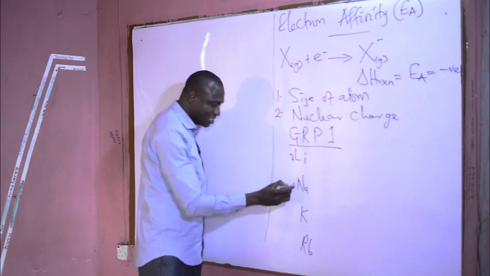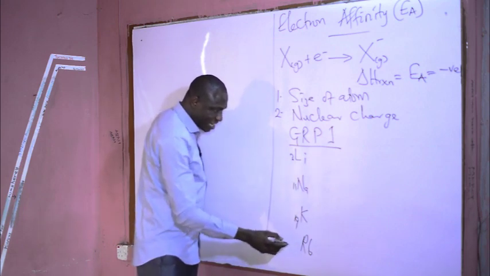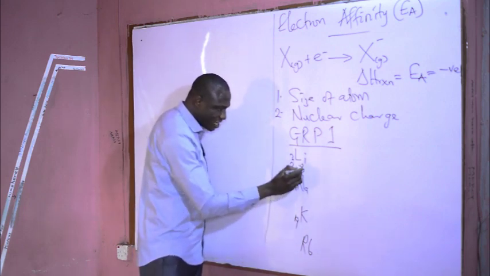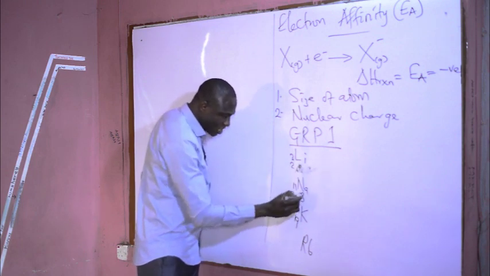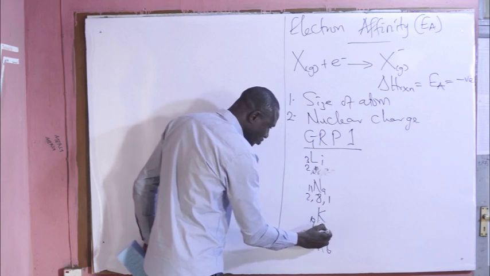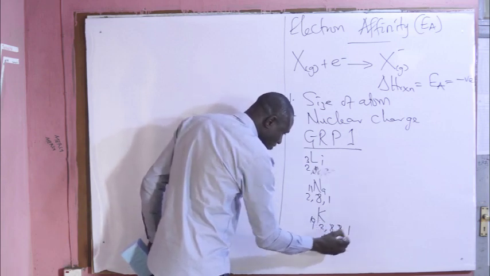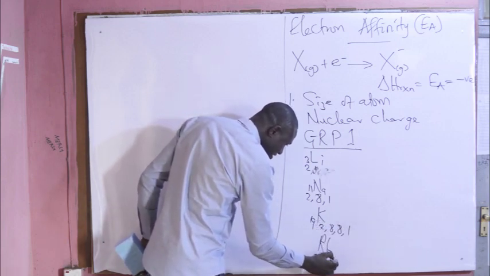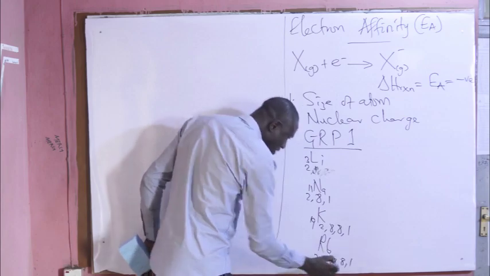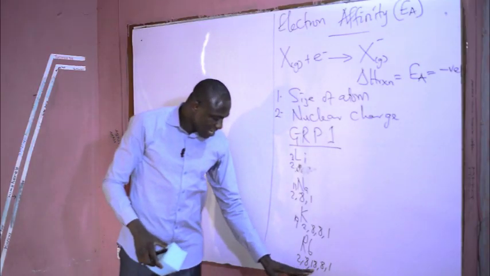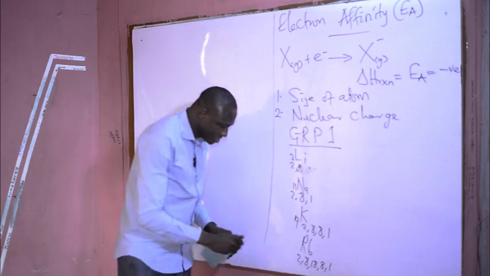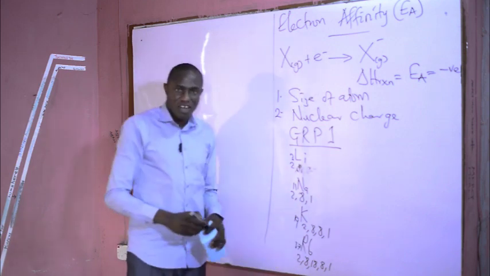Lithium atomic number 3, sodium 11, potassium 19, and so on. The electronic configurations are 2,1; 2,8,1; 2,8,8,1, and so on. So you can see that as you go down the group, and if you add these together, you get 37, which is the atomic number of rubidium.